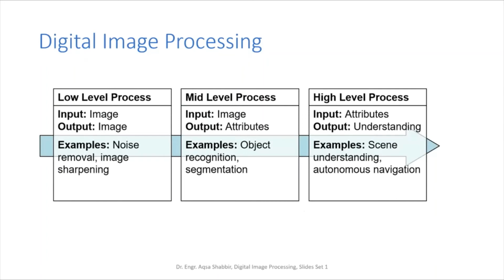An example of this is autonomous navigation, which can be best understood by the working of Google's self-driving car. Google's self-driving car takes in the front scene as the input image, and then based on certain attributes that it extracts from that input image, it makes a decision as to whether the car is going to stop or take a right or, let's say, a left turn.